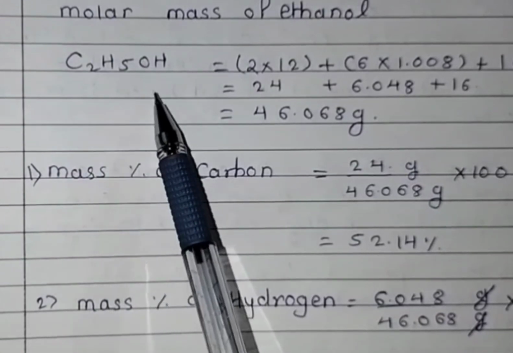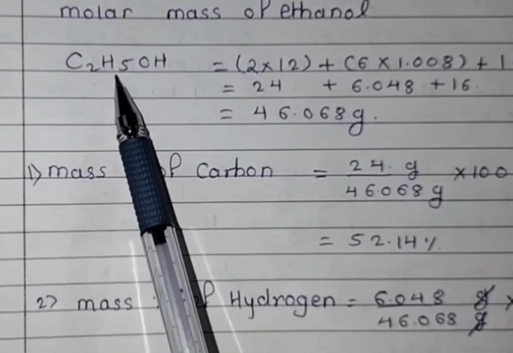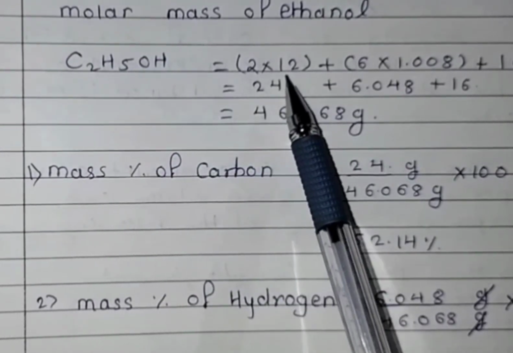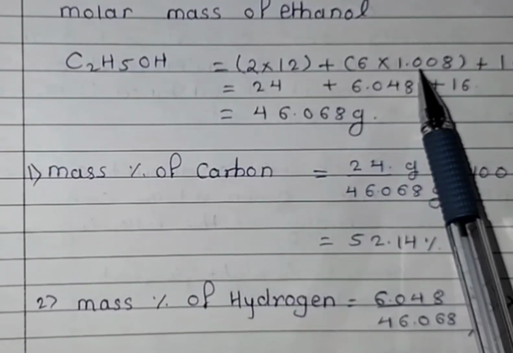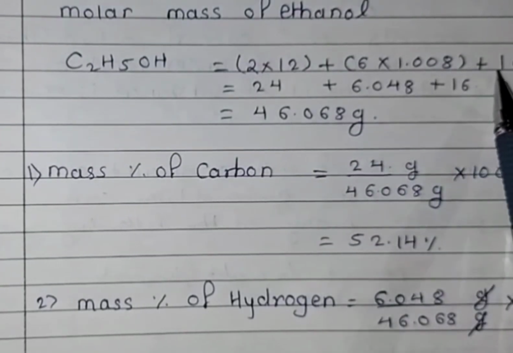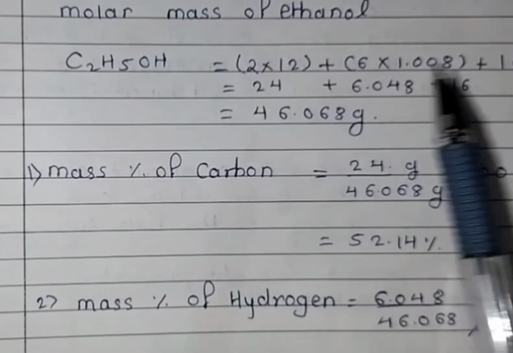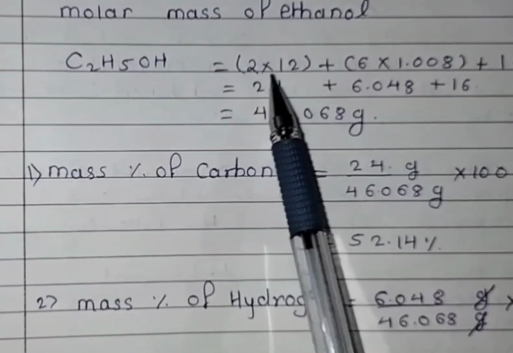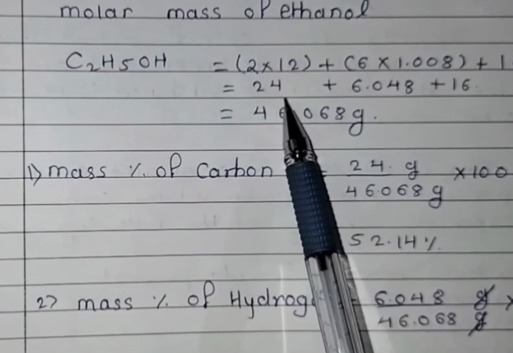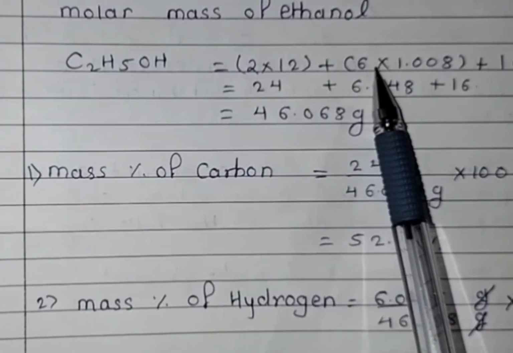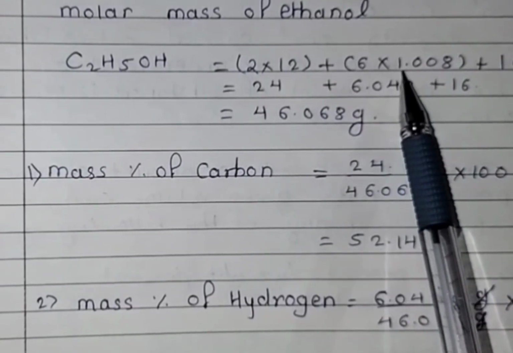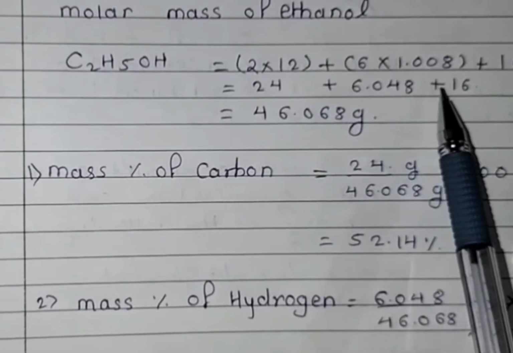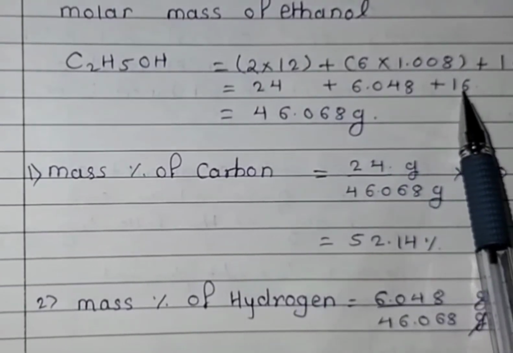The formula is C2H5OH: 2 carbon atoms, 6 hydrogen atoms and 1 oxygen atom. The carbon mass is 12, hydrogen mass is 1.008 and oxygen mass is 16 gram. 2 carbon atoms: 2 multiplied by 12 is 24. 6 hydrogen atoms multiplied by 1.008 is equal to 6.048, plus oxygen mass 16.